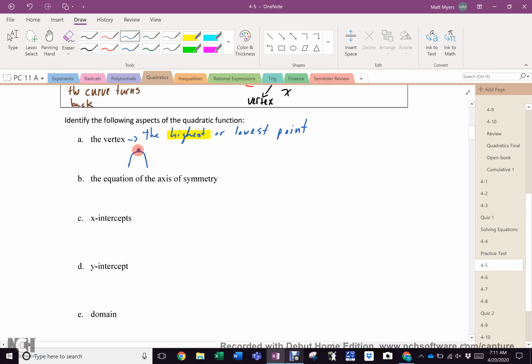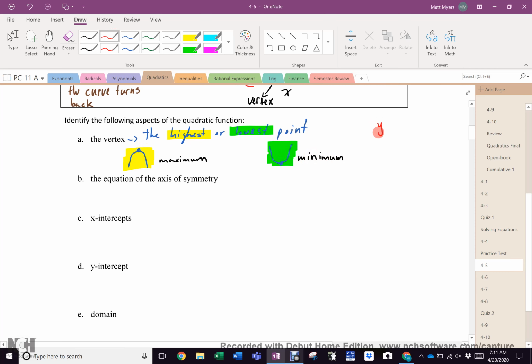And then all these points go down from the vertex. If it's the lowest point, then it looks like this. And all these points go up from the vertex. Now, this is called a maximum, because no point is bigger than that. This is called a minimum, because no point is smaller.